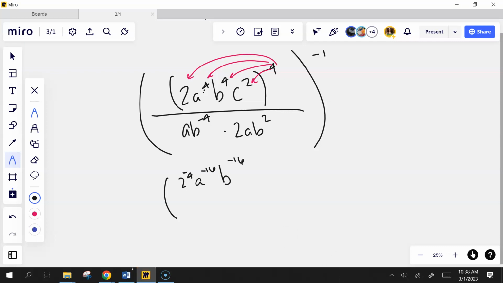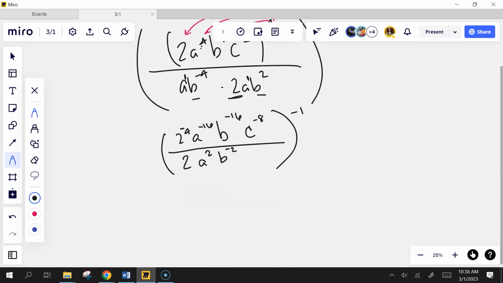B to the -16, what's the exponent now on C? 2 times -4, -8. And on the bottom, I have A to the 1st, A to the 1st, and a 2. I'm going to put the 2 out front. A to the 2nd, B to the -2. I'm going to keep cleaning up, I think.